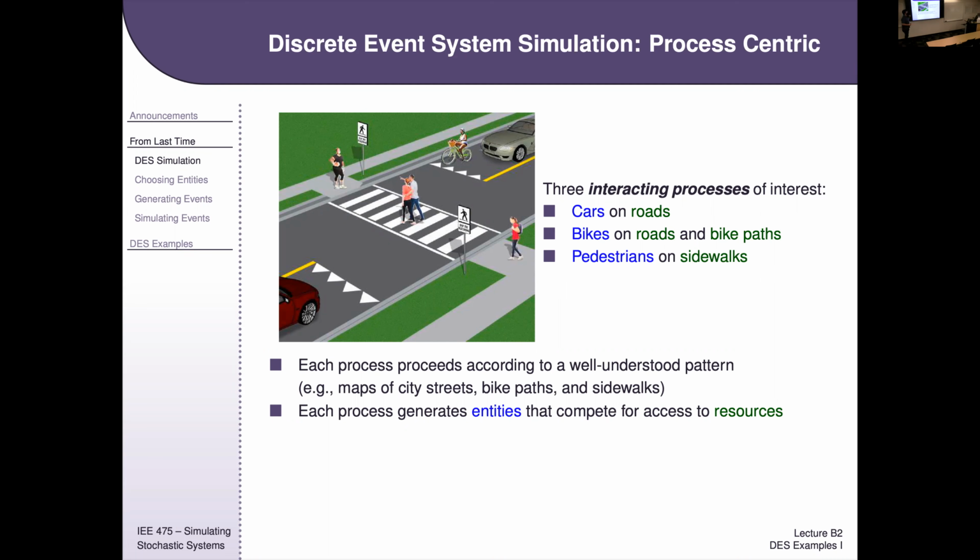The resource that's always there is the road, so spaces on the road. The crosswalk is a finer scale resource: a car that needs to go from north to south has to cross the crosswalk, but it can't do that while there's a pedestrian in the crosswalk. So you can imagine modeling this crosswalk as a resource that, while certain entities have access to it, prevents access to other entities.